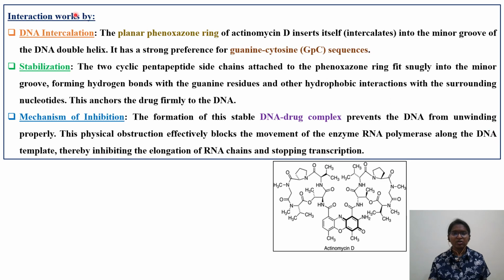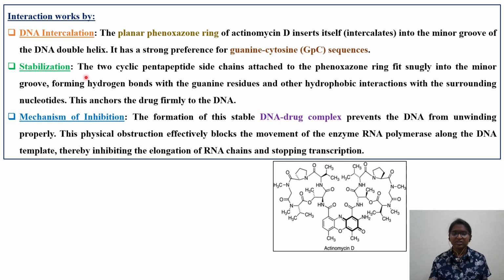So how actinomycin D works: one is DNA intercalation. The planar phenoxazone ring of actinomycin D will insert itself into the minor groove of the DNA double helix, with strong preference for guanine-cytosine GpC sequences.